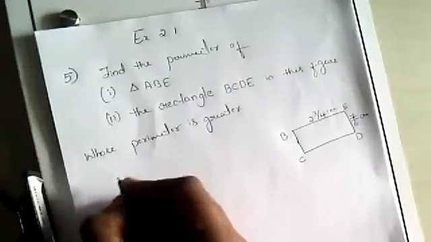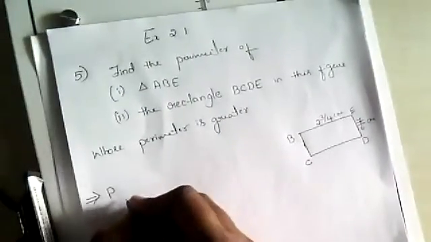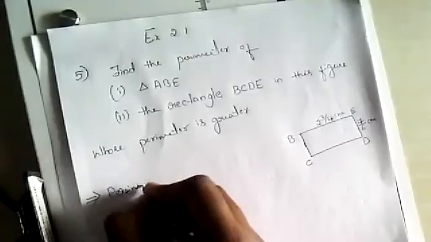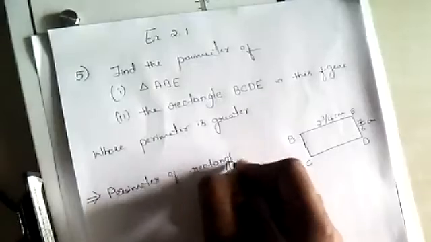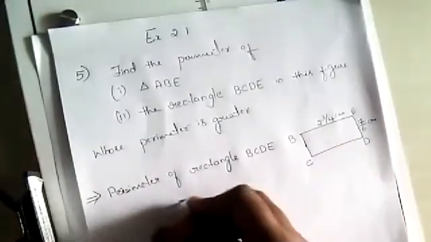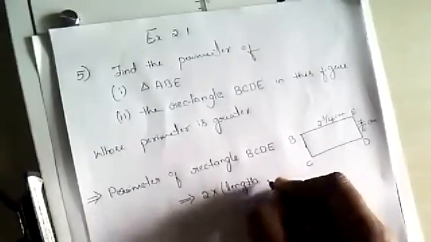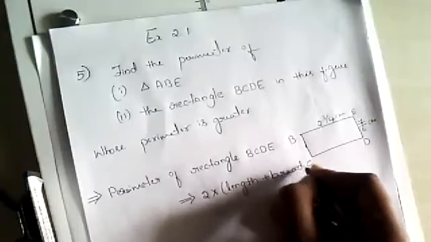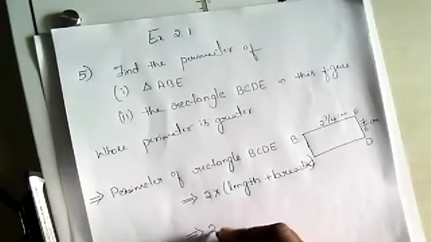So we'll write here: Answer, perimeter of rectangle BCDE. Formula: 2 into length plus breadth. This is the formula. So 2 as it is I will write.